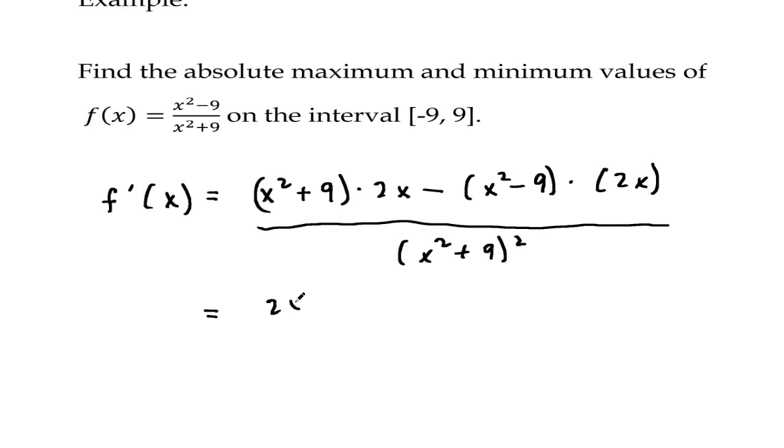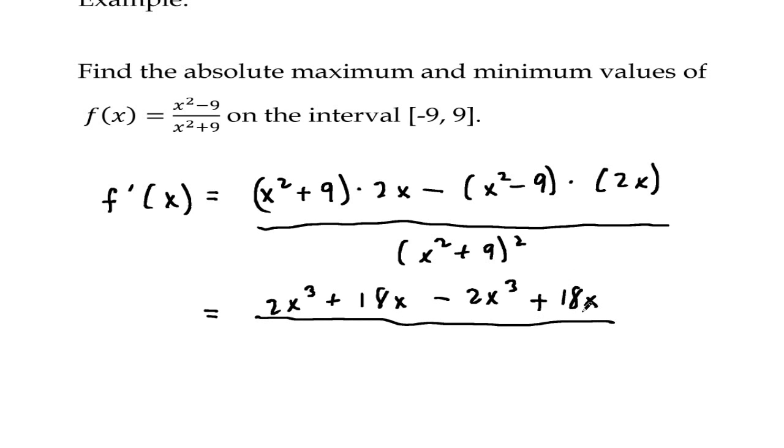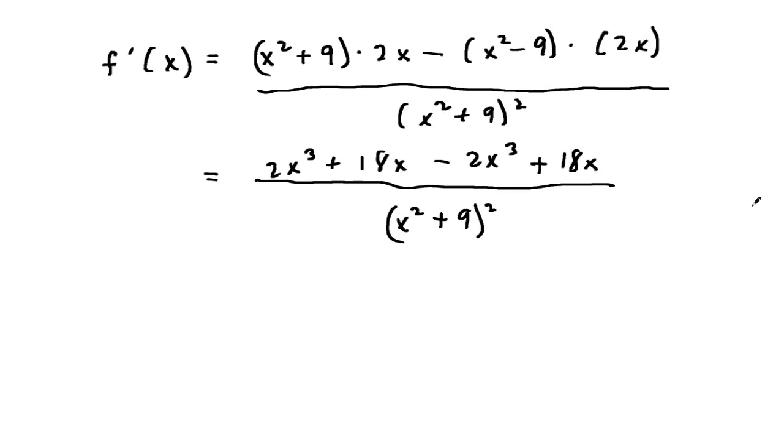Let's simplify this a little bit. The 2x cubes cancel out, and we end up with this.